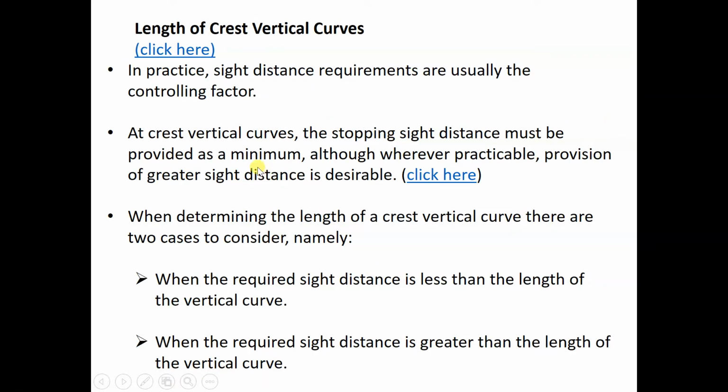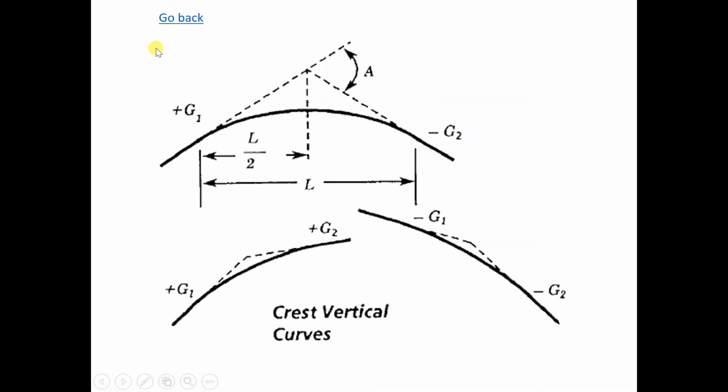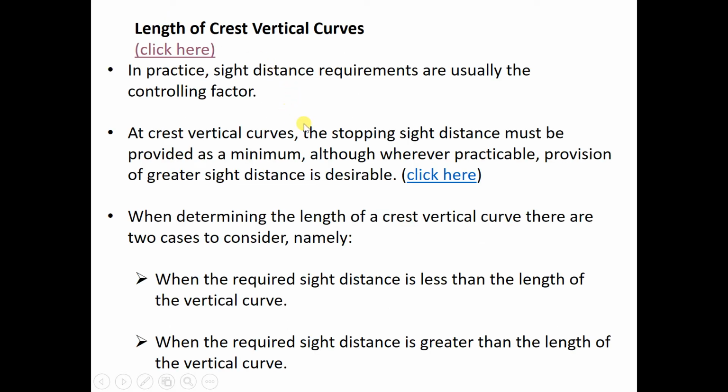Now the crest vertical curve. I think we have looked at this before. In practice, sight distance requirements are usually the controlling factor for the crest curve. There's a sight distance required for stopping.